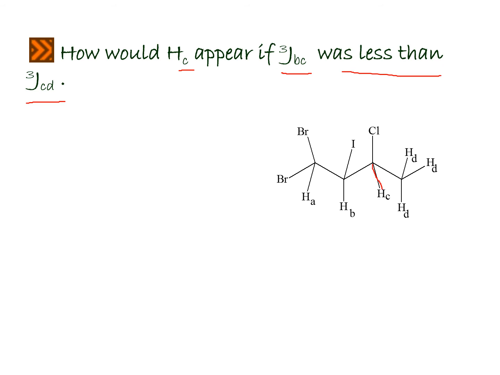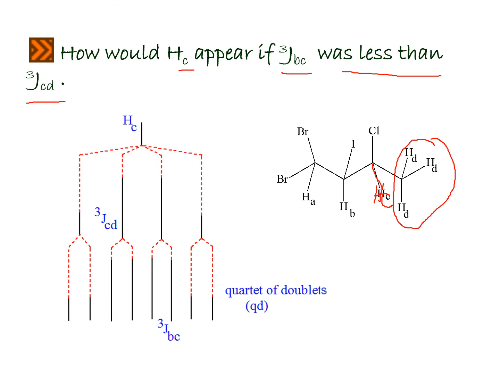So HC will be coupled with 3 HD first, so you will get a quartet in 1 to 3 to 3 to 1 ratio.